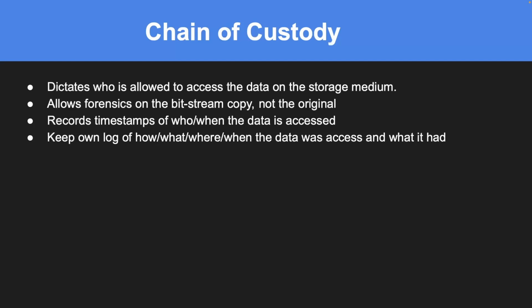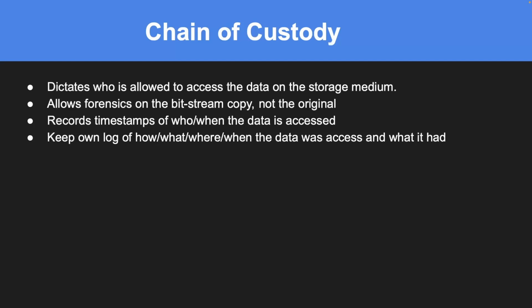And also we need to store it in a secure environment with restricted access so that no one who is not allowed to access it will access it. And if that wasn't enough, we also have to take hash values of our logical data so that we can compare it to the originals to verify that nothing has been changed on the bit by bit level.